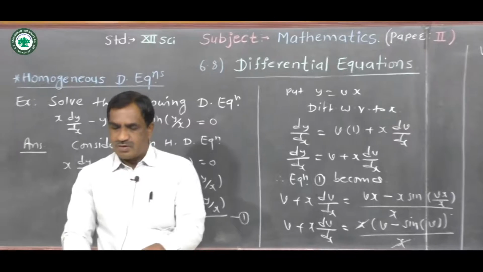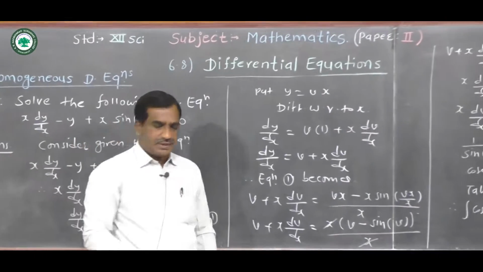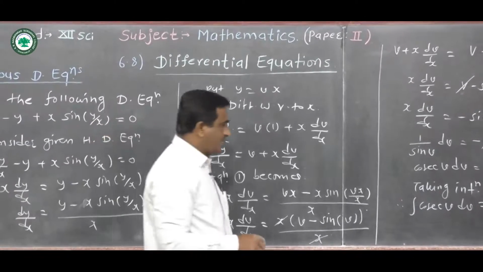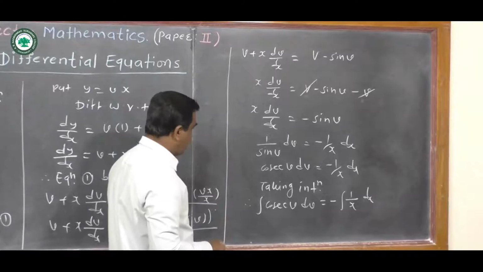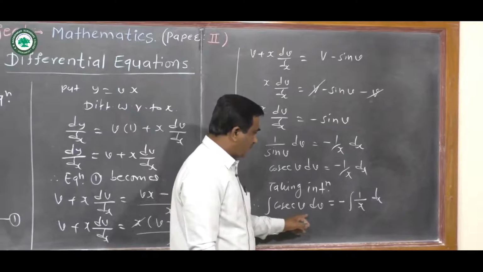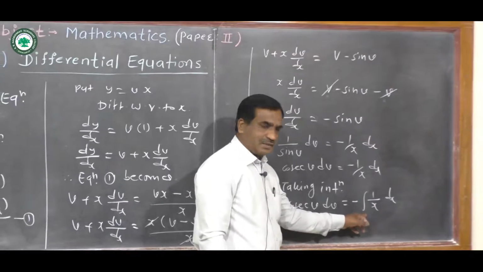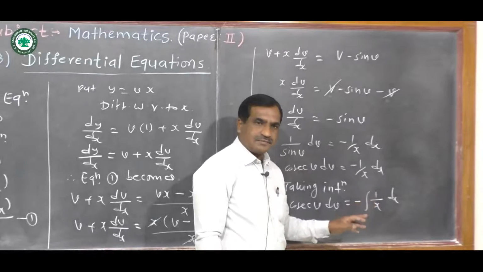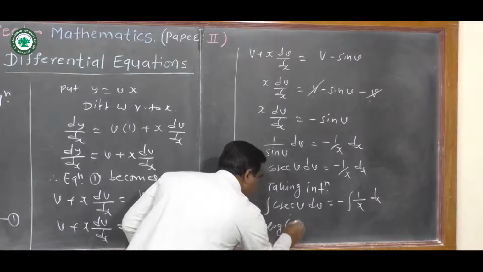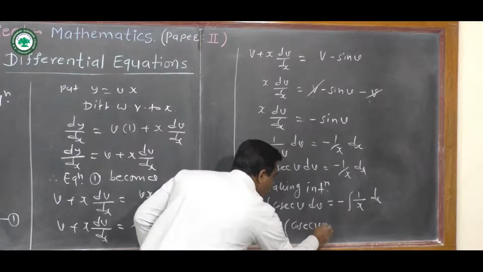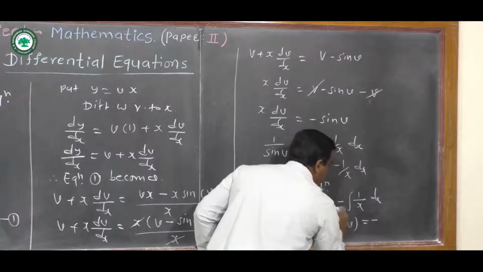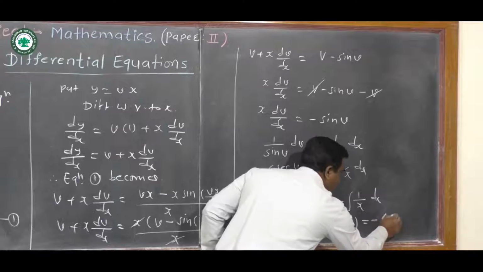Therefore, integration of cosec v with respect to v is log of (cosec v minus cot v), and integration of 1 upon x is log x.